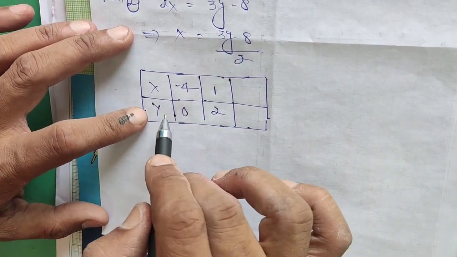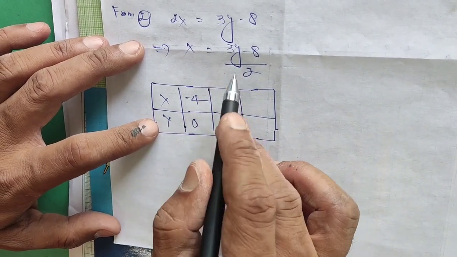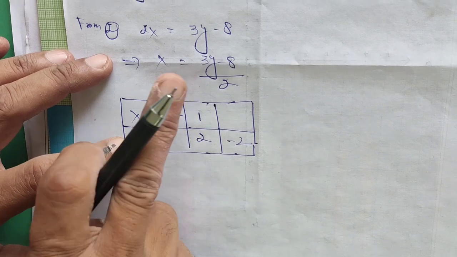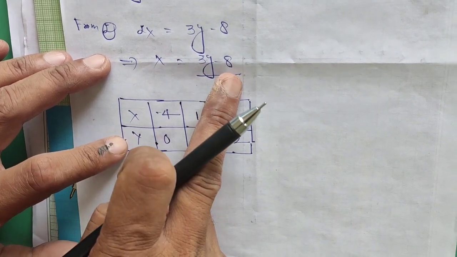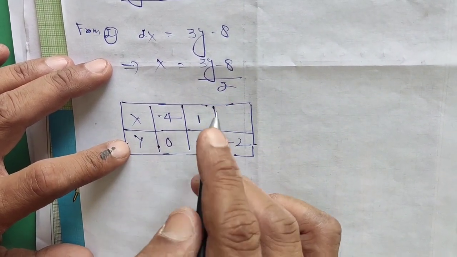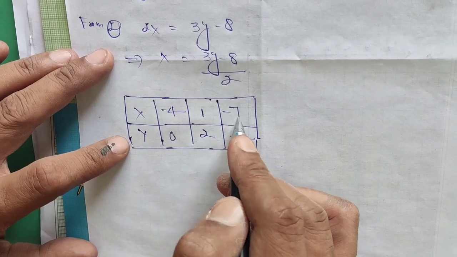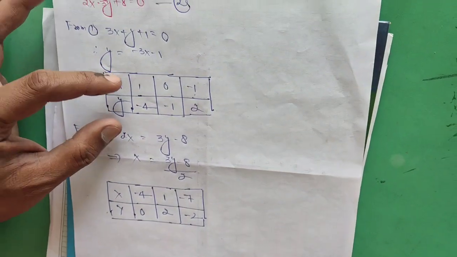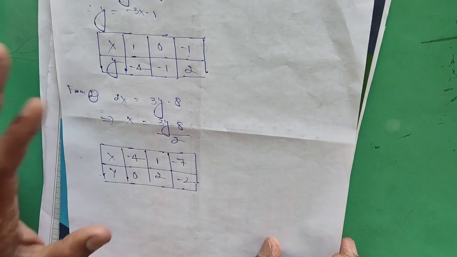And secondly, when we take y equal to minus 2, here is minus 6 and minus 8, minus 14 upon 2, then we get x equal to minus 7. And these are the values of the first line, and these are the values of the second line.